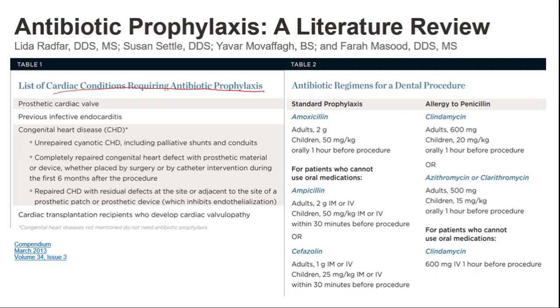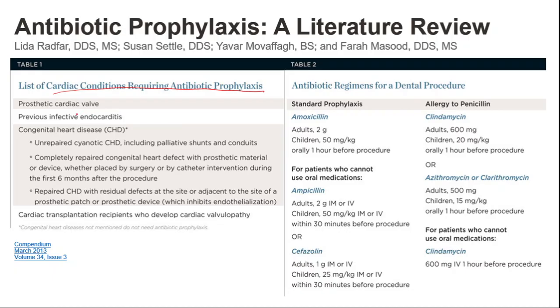Why? It could be because they have undergone joint replacement, or they have certain cardiac conditions. So this is just to prevent bacterial endocarditis. This is why we give antibiotic prophylaxis. So this is just a list. It used to be a longer list, but now it's just this. These are the cardiac conditions requiring antibiotic prophylaxis.